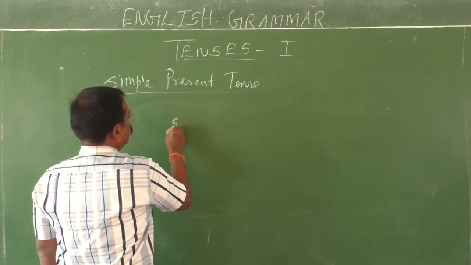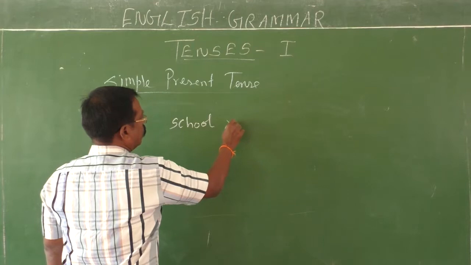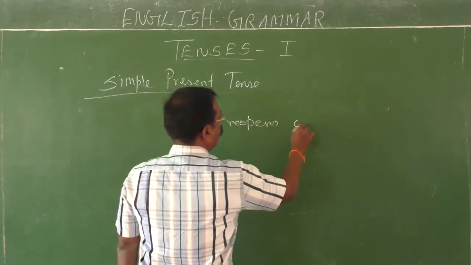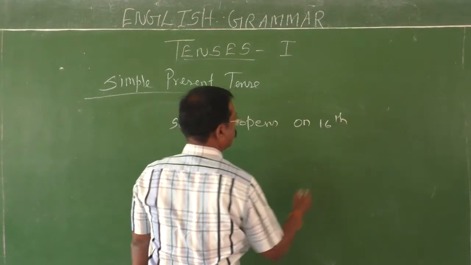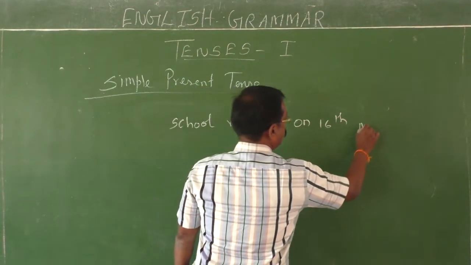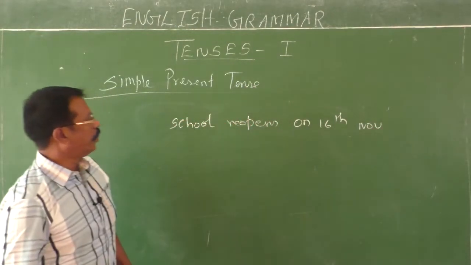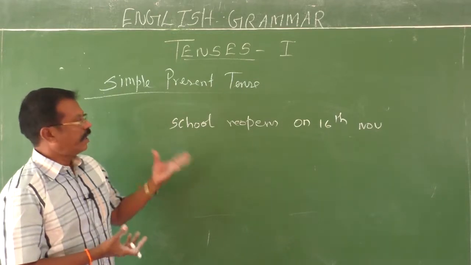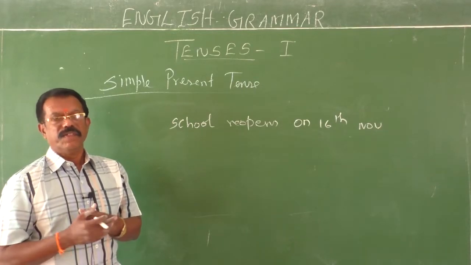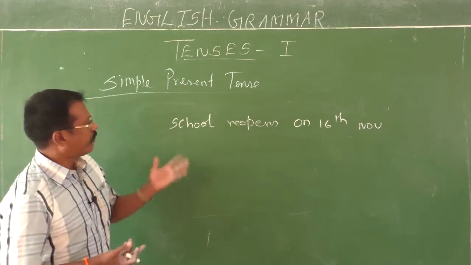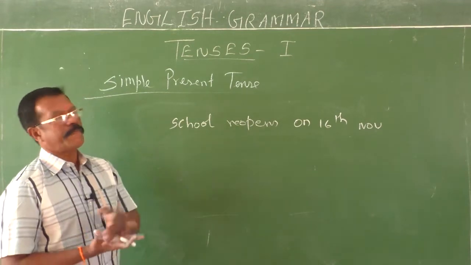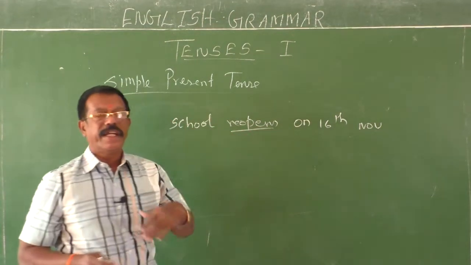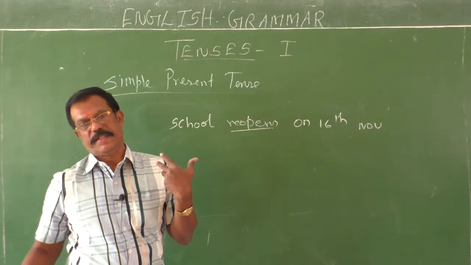See, school reopens on 16th November. This is a tentative statement. So here we have a plan which will happen in future. At that time we can use the simple present tense. Most probably we use the simple present tense to refer to definite future actions.